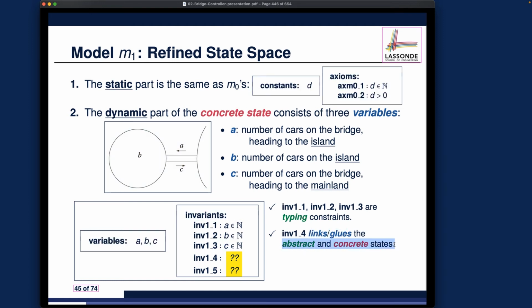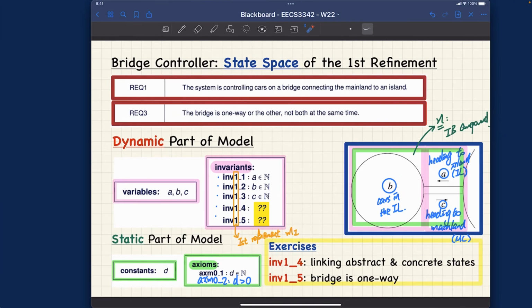What does that mean? That means when you consider what's the abstract state space, we got only n, right? So for number 4 over here, we got 2 exercises for you. For invariant number 4, we want to somehow link or glue the abstract and also concrete states.